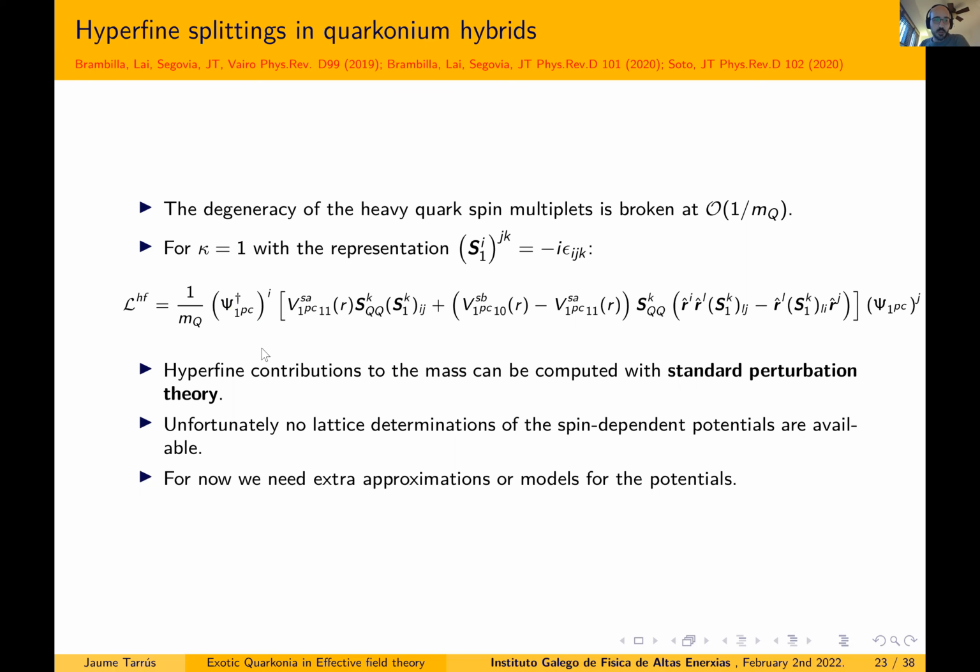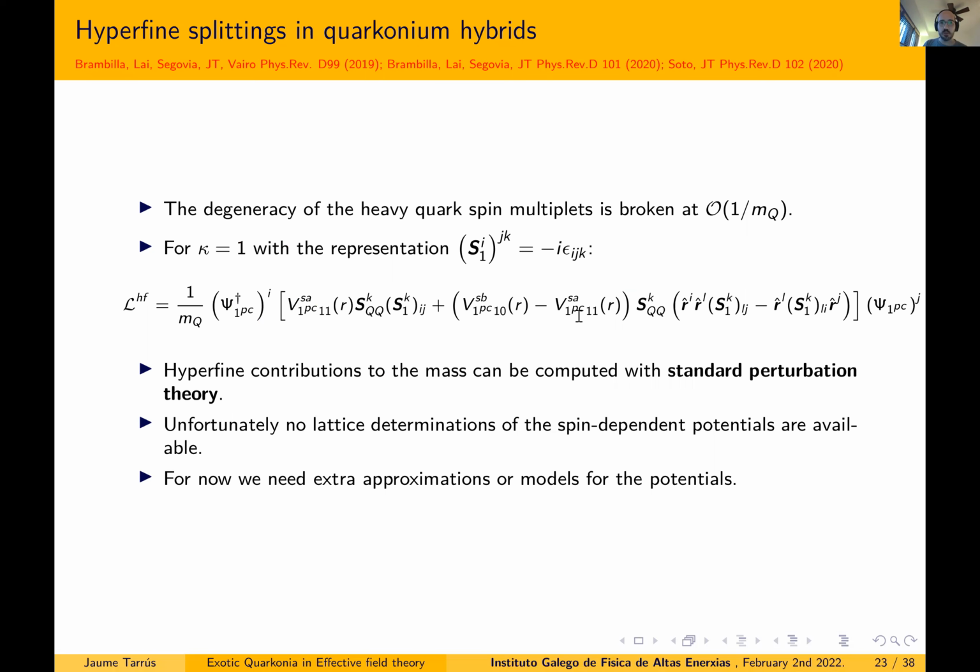To compute the hyperfine contributions, one can just use standard perturbation theory. However, the issue here is that these potentials are unknown. They have not been computed on the lattice.